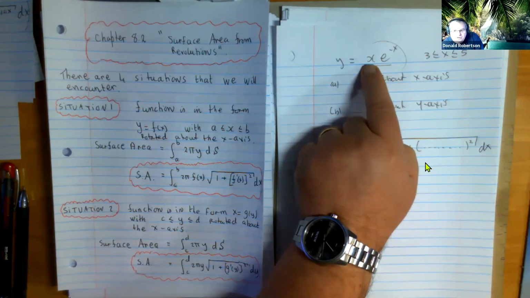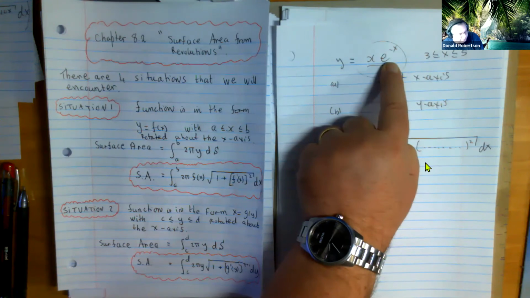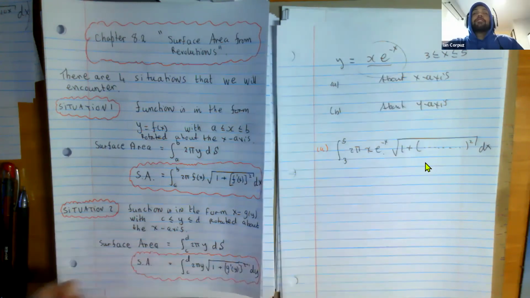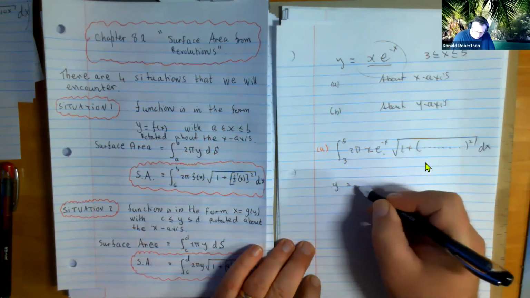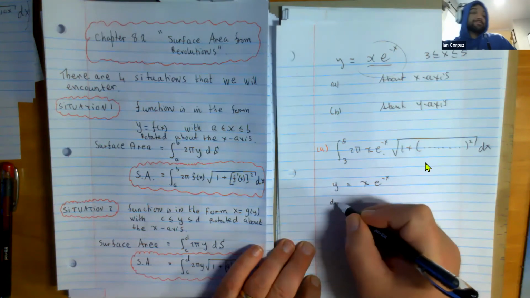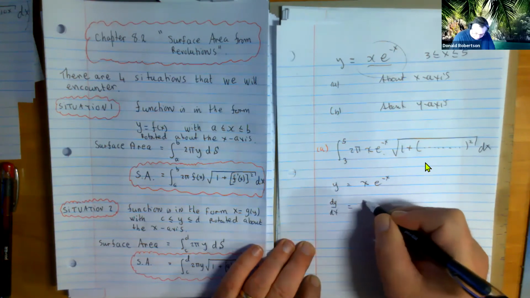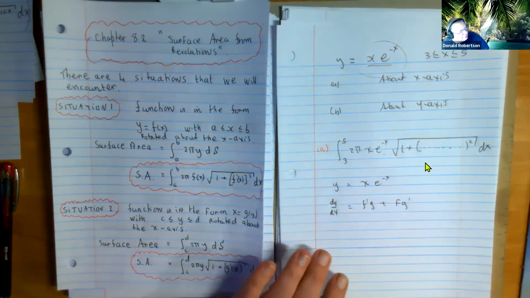How will I differentiate this? What method? GF prime or plus FG prime. Okay, so the product rule. Yeah. What you said is correct. It's just not the way I was taught it.